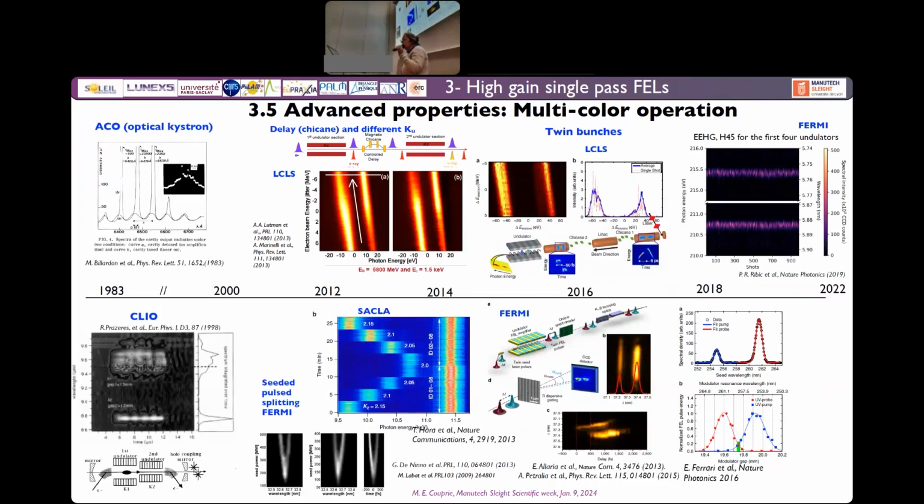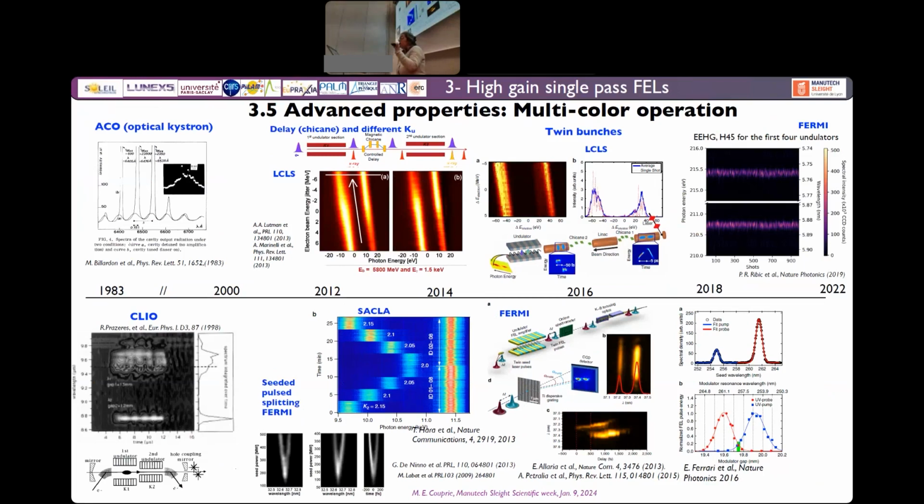So if I continue with advanced properties, I mentioned the ACO FEL, which is a multicolor FEL, but it's also interesting to do multicolor FEL in the X-ray range. If one wants to do a two-color pump-probe experiment, then it can use an FEL of one wavelength and an FEL on another wavelength and play to excite and probe a system.